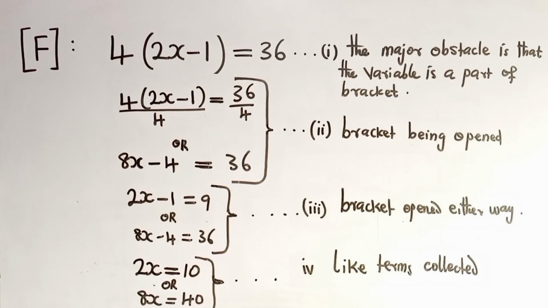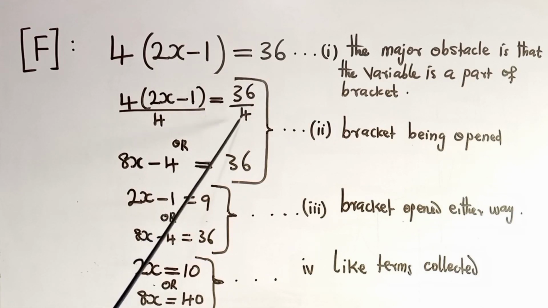Go back to it and learn about associative law. While you learn associative law, remember that any number in a bracket also is considered one number. We also learned that one earlier. So we regard this 2x minus 1 as one number because it multiplies 4. I don't think this is the avenue to learn more about that. Please go back to arithmetic laws and you will understand why the whole of this will produce 2x minus 1.